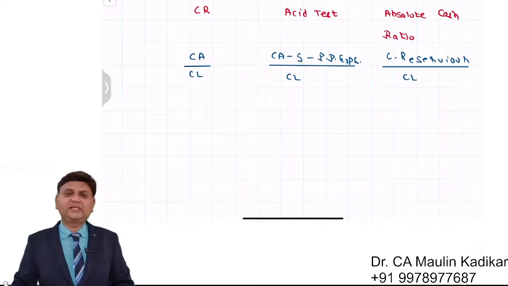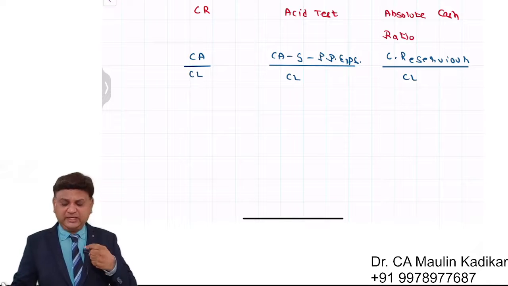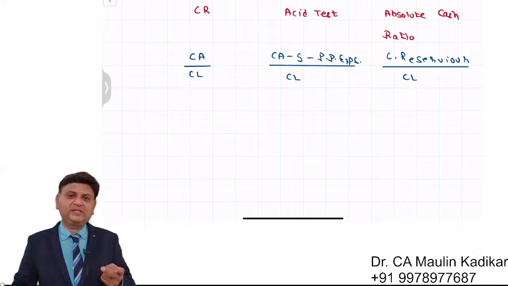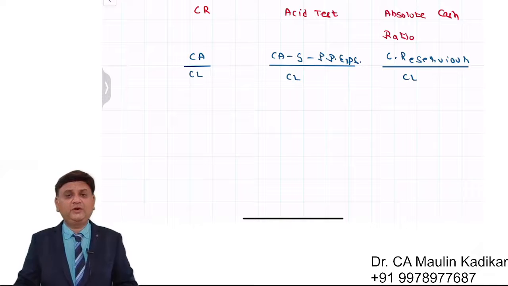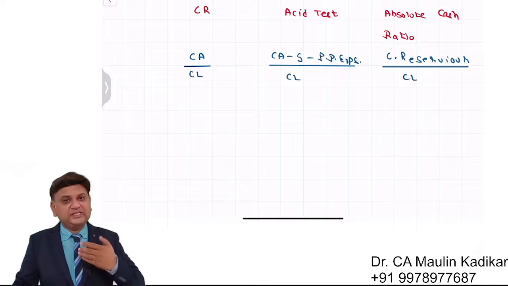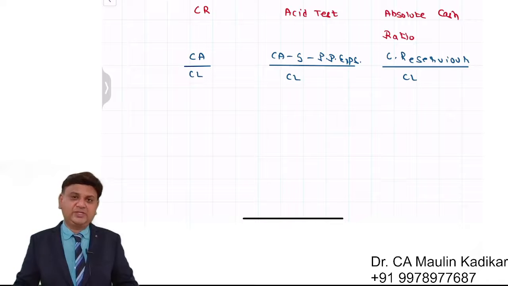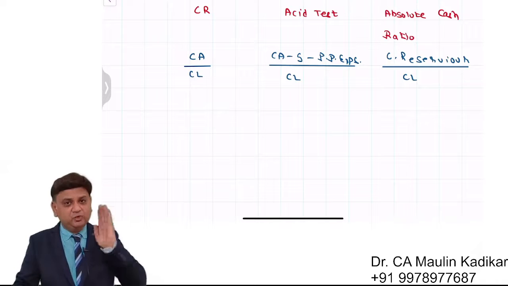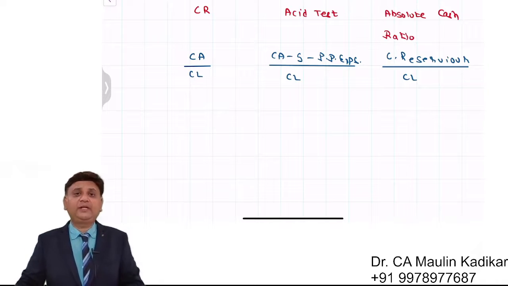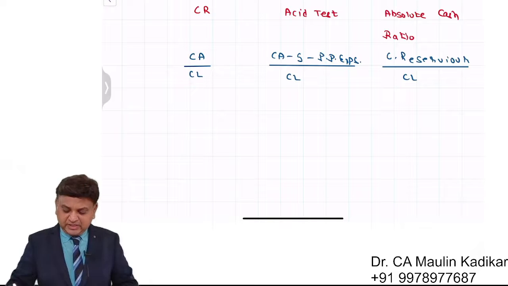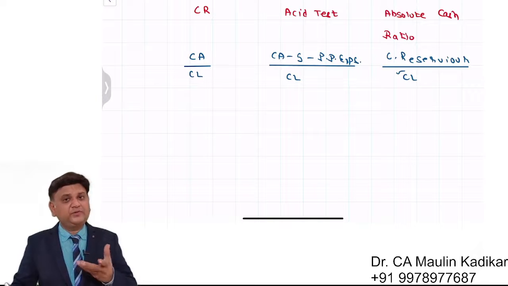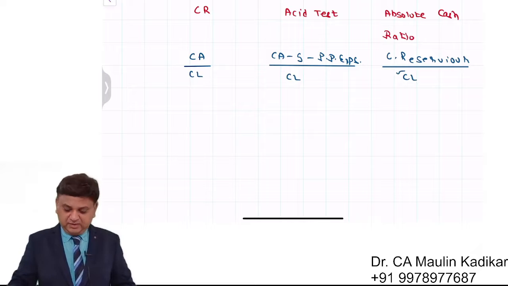Cash reserve consists of the cash balance, bank balance, and if you have invested your excess funds in any investment, that is also the cash reserve. Means today only, if I want to make the payment for the current liabilities, what amount of funds is available with me?